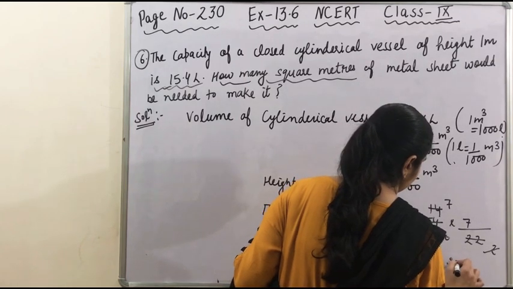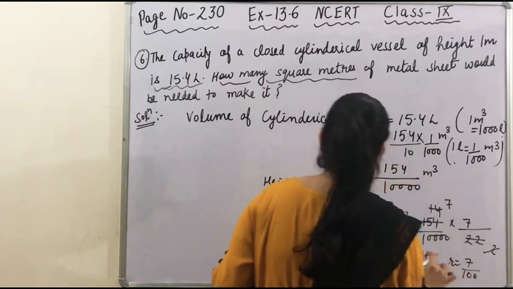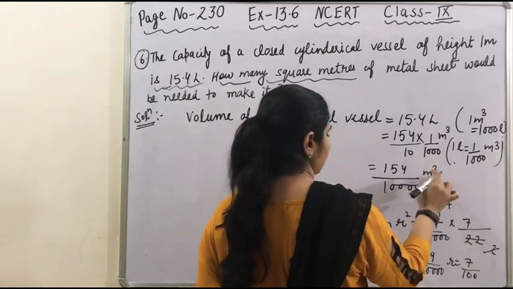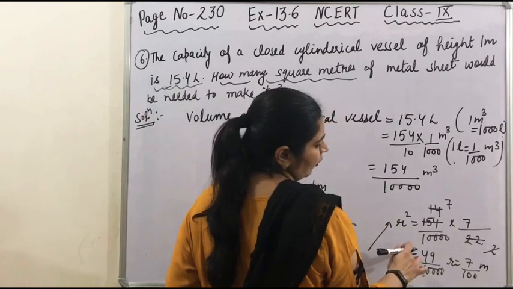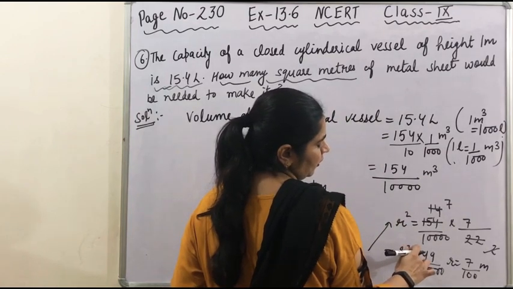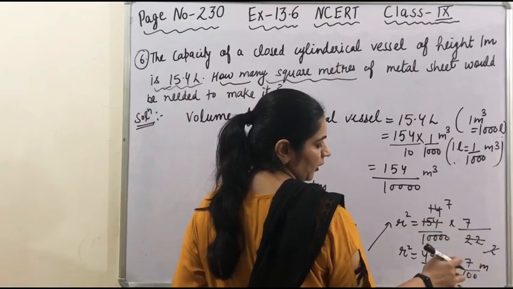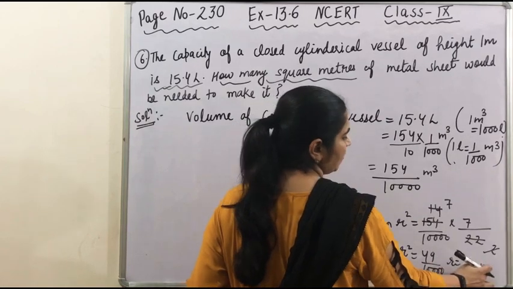So r is equal to 7 by 100 and the unit is meter, because here we have done the conversion in meter cube. When we omit the square, the root will be positive as well as negative, plus minus, but negative will not be taken, we will take the positive sign. r is equal to 7 upon 100 meter.